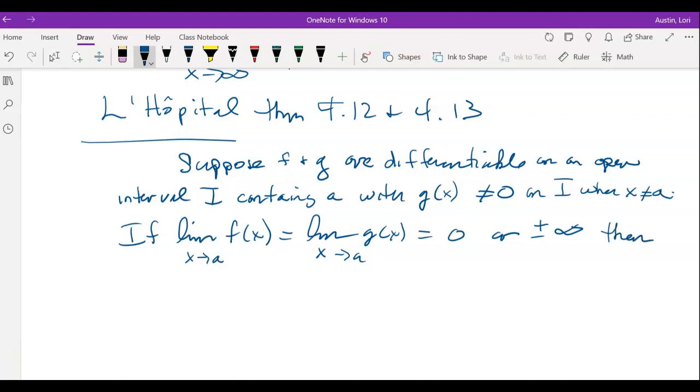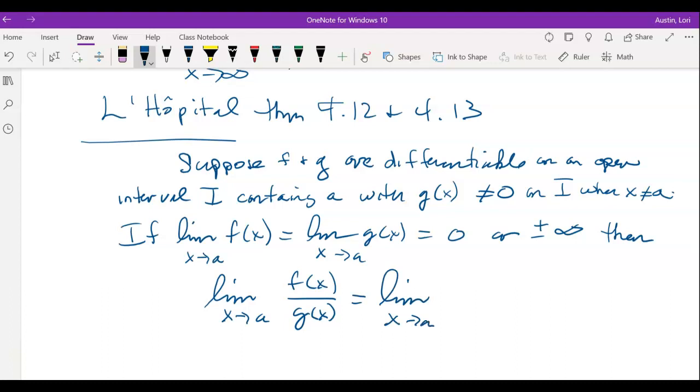Then the limit as x approaches a of f of x divided by g of x equals the limit as x approaches a of their derivatives.